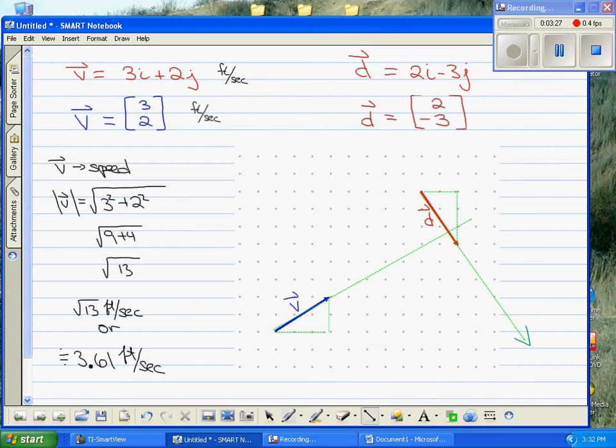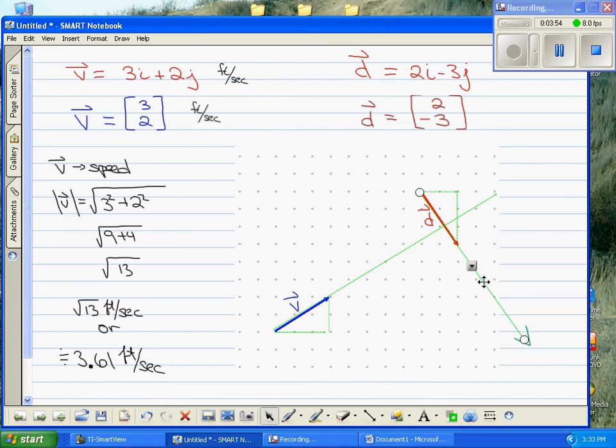So I know exactly where I'll be in 2 seconds. In 2 seconds, I would have traveled twice this distance, 7.22 feet. Whereas with vector d right here, in 2 seconds, I don't know where I'll be. All I know is that I am traveling in this direction.